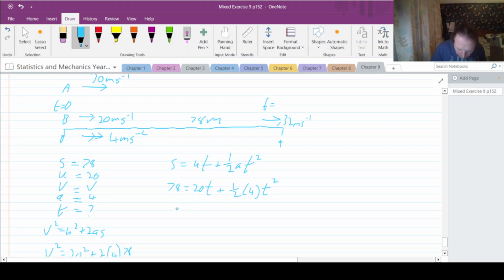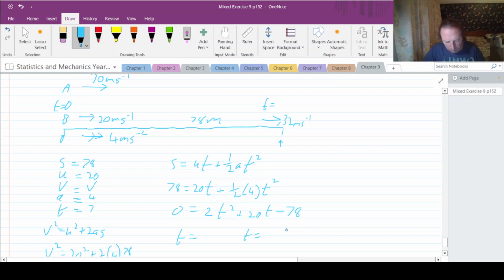Okay, and so we're going to end up here with 2t squared plus 20t minus 78, using the quadratic solver on the calculator.